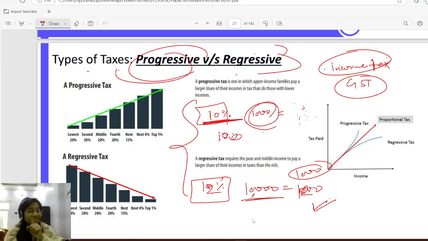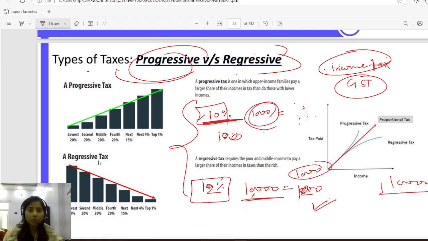Okay. Regressive. Proportional tax is also called regressive, because if the government has said that everyone has to pay 10% of their income, that is called regressive. For a person who is earning 10 lakh or 50 lakh rupees, 10% is negligible.